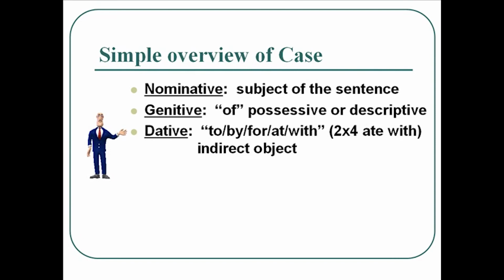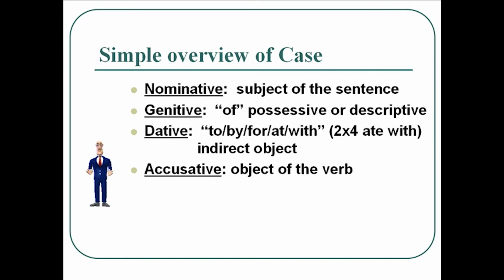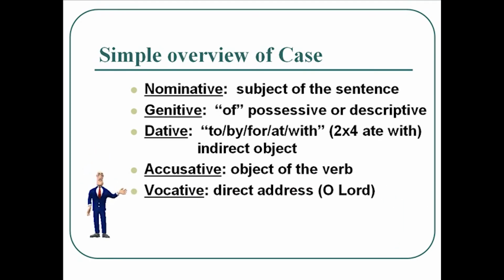The dative is translated "to," "by," "for," "at," "with," and is generally taken as the indirect object. The accusative is the object of the verb. And the vocative is the case of direct address, "O Lord."